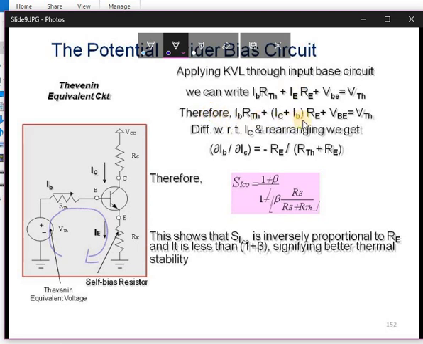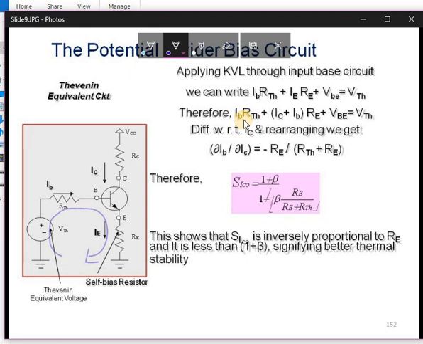Now from this equation you can get the IB value. IB is equal to VTh minus IC into RE minus VBE, divided by RTh plus RE.